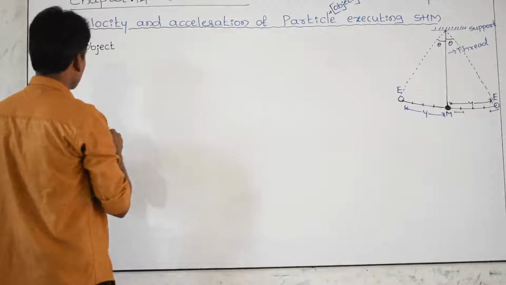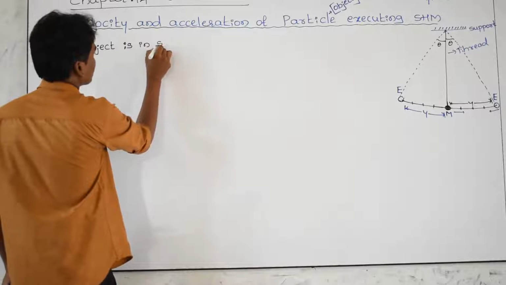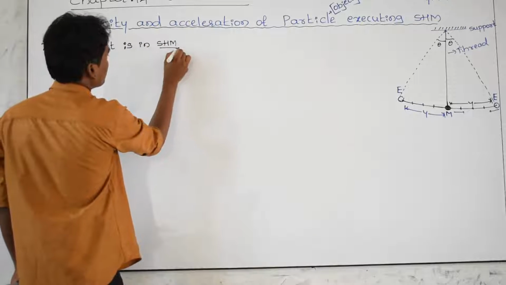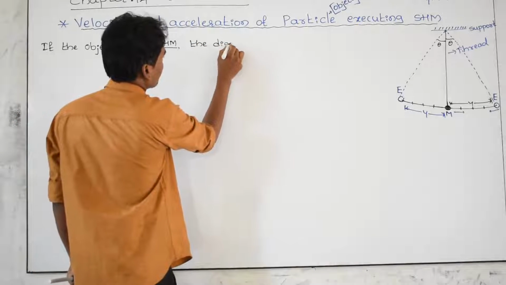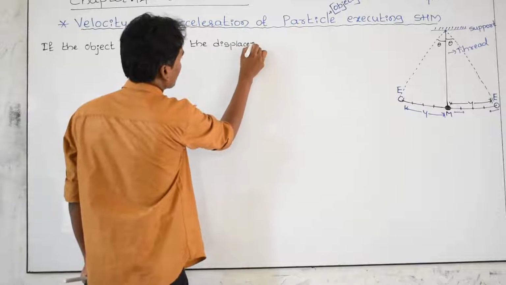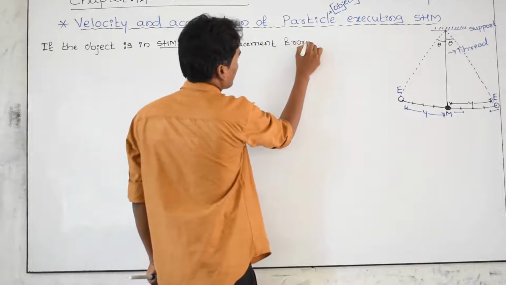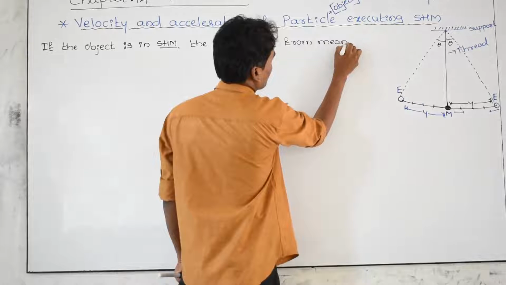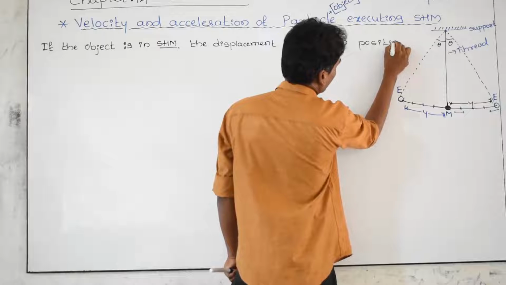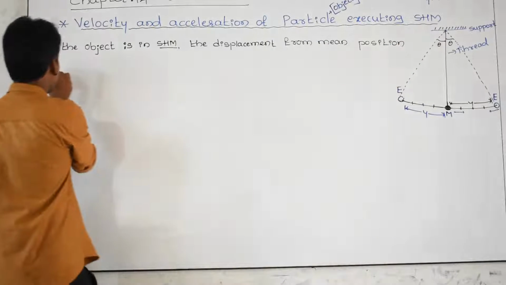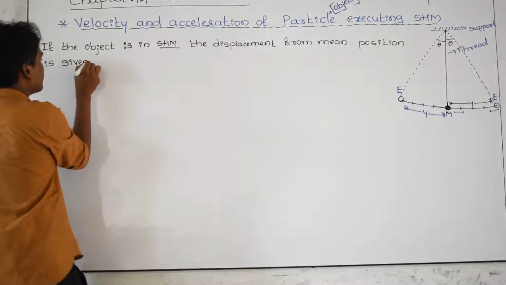If the object is in simple harmonic motion, SHM, SHM means simple harmonic motion. The displacement from mean position is given by which formula?